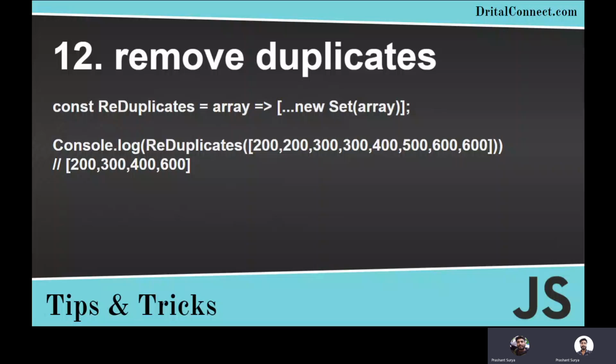So we use the spread operator with new Set of the array. When you pass a normal array which has duplicate values, it will store only the unique ones, and it will return this as an iterable object. So this is the simplest way to remove duplicates in one line.